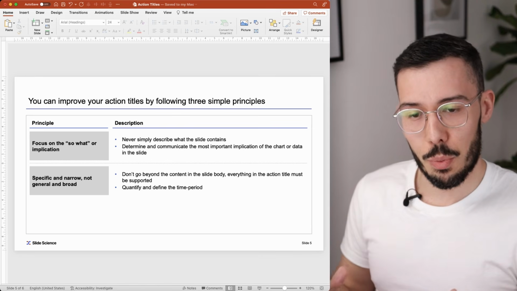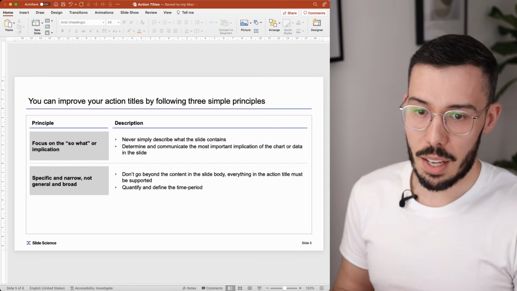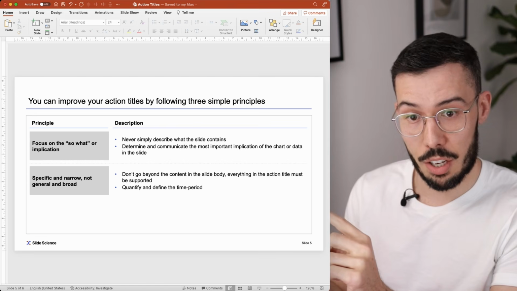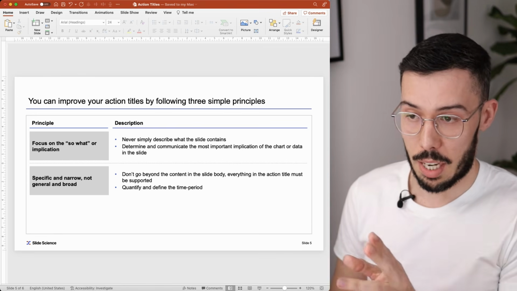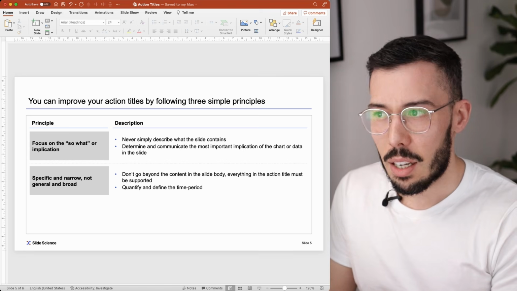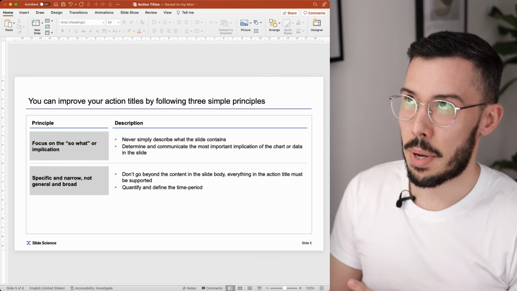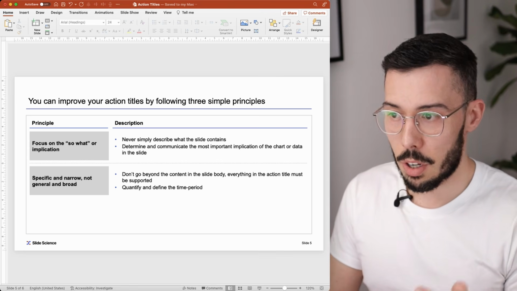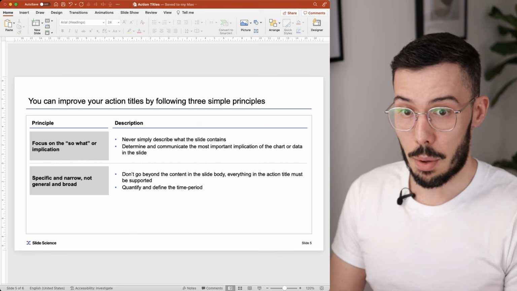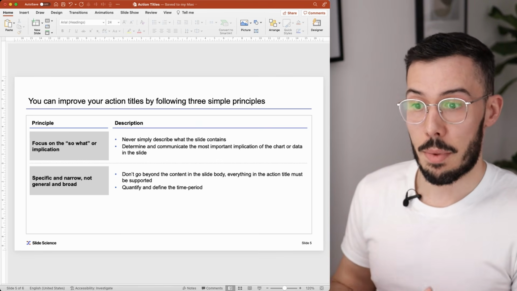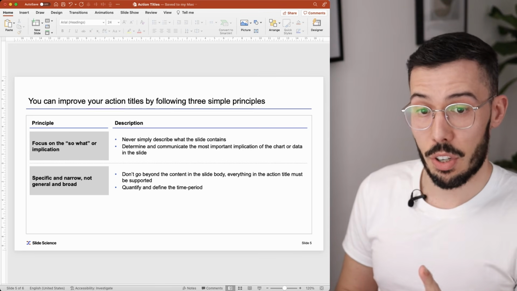So you've gone beyond what's just in the slide body. You need to have everything in your action title supported by the slide body. Because if the reader reads the action title and says, okay, that doesn't quite make sense to me for whatever reason, I'm going to read the slide body to see how they drew that conclusion. You need to be able to support the claim that you're making. So that's the first thing.